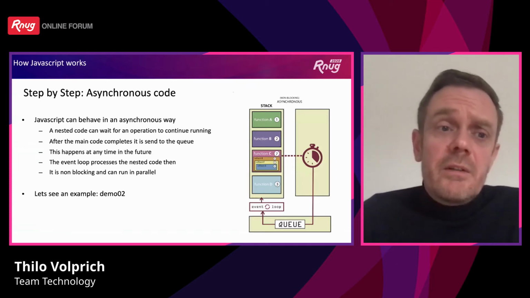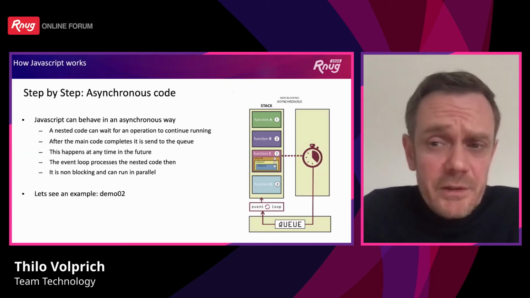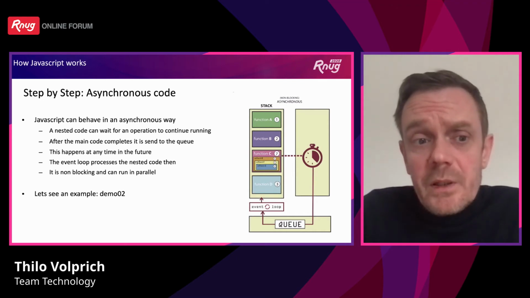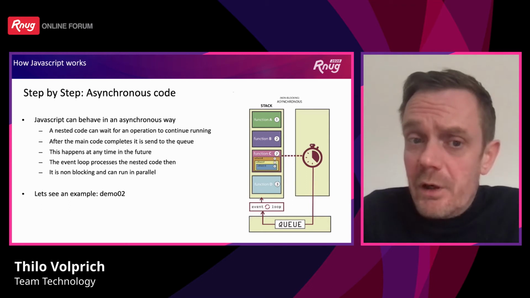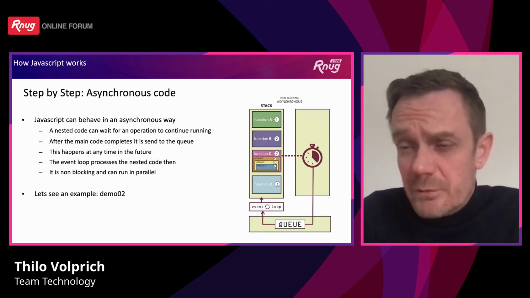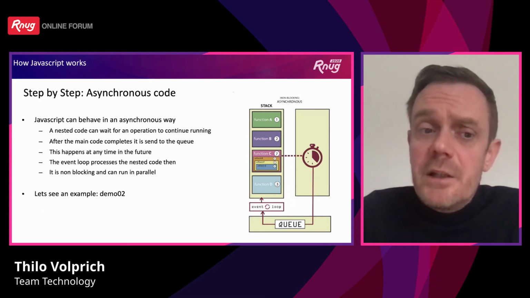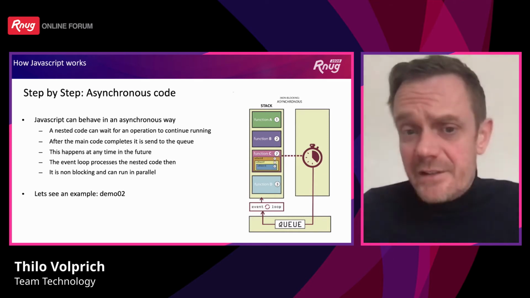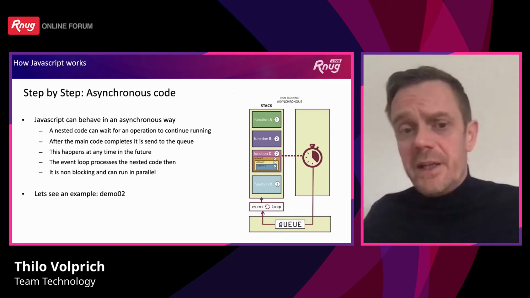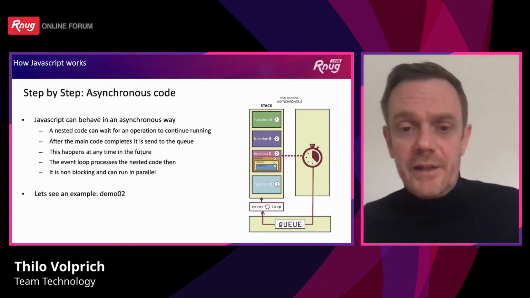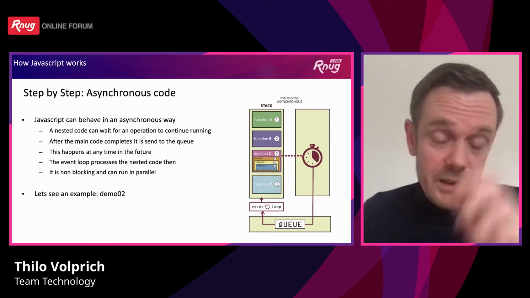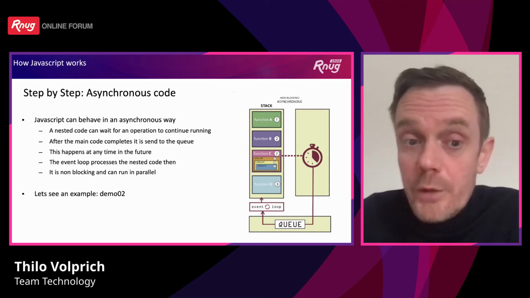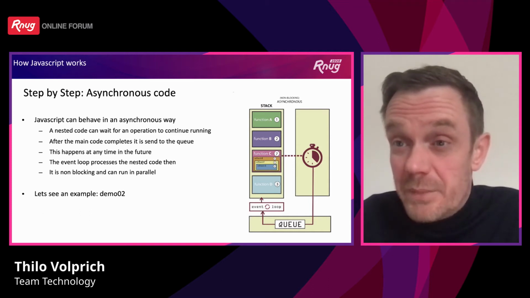Because JavaScript is able to behave in an asynchronous way, a nested code can wait for an operation to continue running. After the main code completes, it is sent to the queue. This can happen at any time in the future, and then the event loop recognizes that the nested code is done, and then it runs afterwards. It's non-blocking, and it can run in parallel.